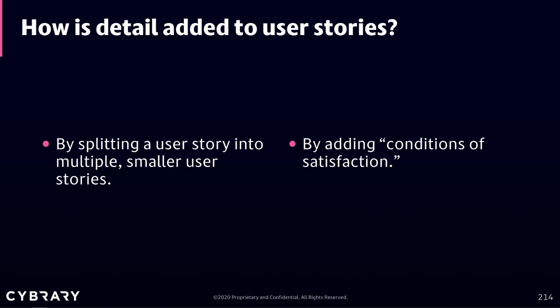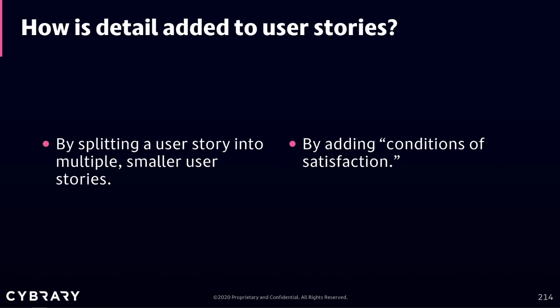When a relatively large story is split into multiple user stories, it's natural to assume that detail has been added. After all, it has been written. As a vice president of marketing, I want to select a holiday season to be used when reviewing the past performance of advertising campaigns so that I can identify profitable ones.